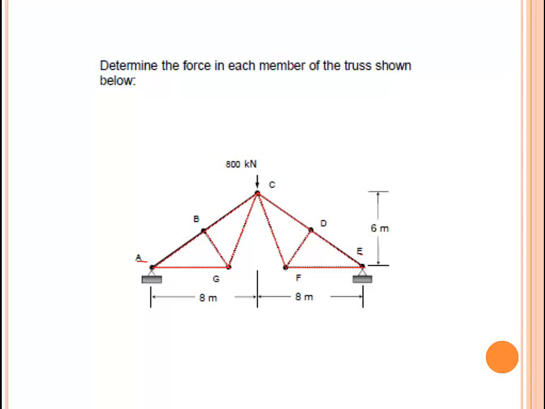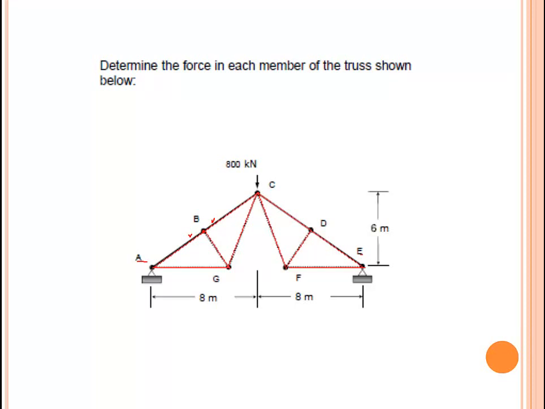Now we need to see the second criterion: if there are three members and two are collinear without any load at the joint. So this means joint B has two members collinear and there is no external load, and it has three members.